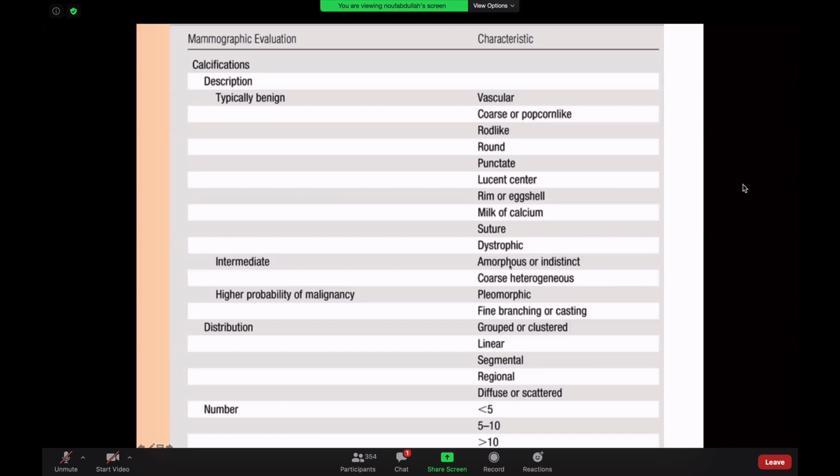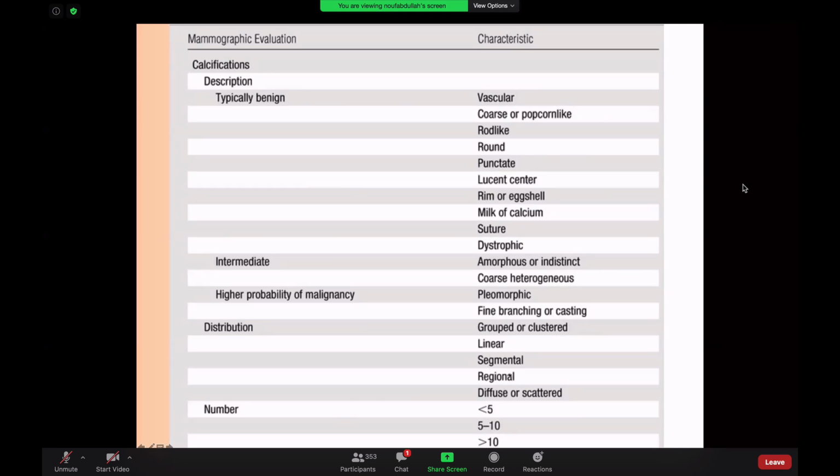If I see these two, I need something else to help me decide if these microcalcifications are suspicious or not. And then you have coarse heterogeneous, these are suspicious now. Higher probability of malignancy: pleomorphic, fine branching, grouped or clustered, linear, segmental, these are very suspicious.